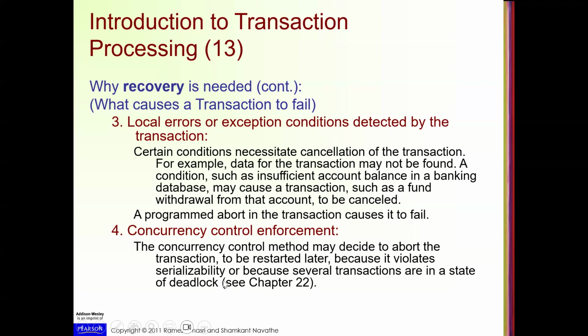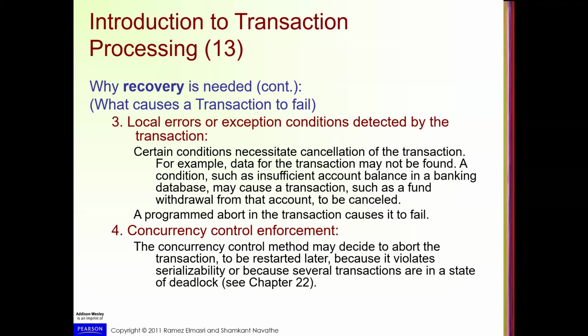Now, what is a deadlock state? It is like transaction one is working on data item A. Transaction two is working on data item B. Now, transaction one is waiting for transaction two to release data item B, and the second transaction is waiting for transaction one to release data item A. Hence, they are both waiting for each other forever.